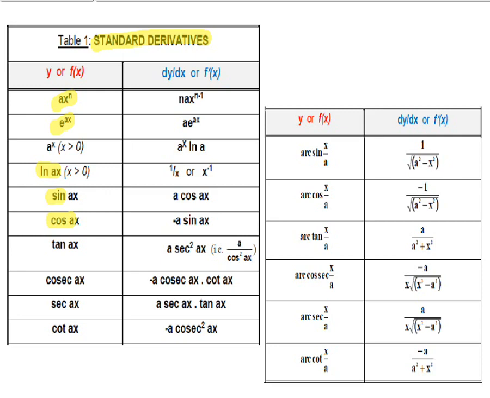It's more about using the tables and being able to manipulate the equations using algebra and indices and so on. So the next presentation will build on this and actually show us how to apply the table of standard derivatives. But hopefully it's given you an overview as to what differentiation is. It's basically finding gradients at points on curves, and in a context that might relate to displacement, velocity, accelerations you'll see later on.